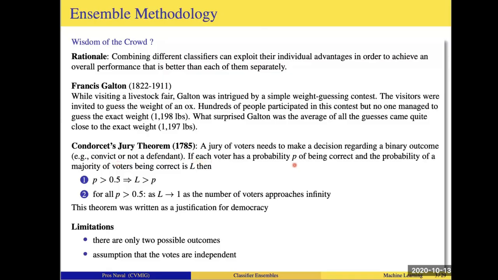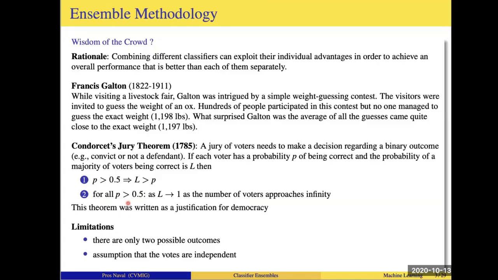If each voter has a probability p of being correct, and the probability of the majority of voters being correct is L, then if p is greater than 0.5, which means each member of the jury has a probability of being correct greater than 50%, this implies that L will be greater than p.